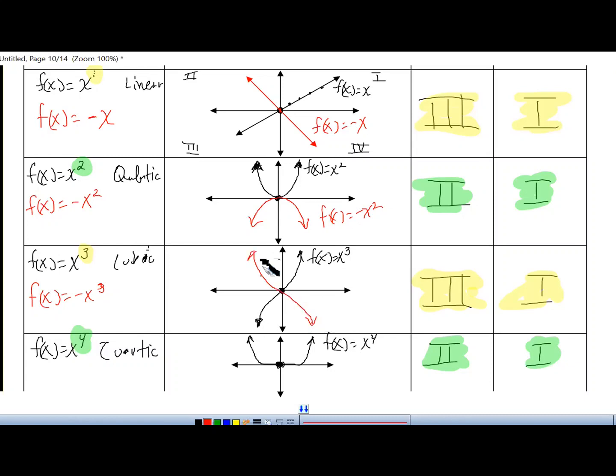There you go. And this is f of x equals negative x cubed. And last but not least, f of x equals negative x to the fourth. It starts from where? From the bottom through the point of origin, meaning it barely touches. It comes up the other side. F of x equals negative x to the fourth.